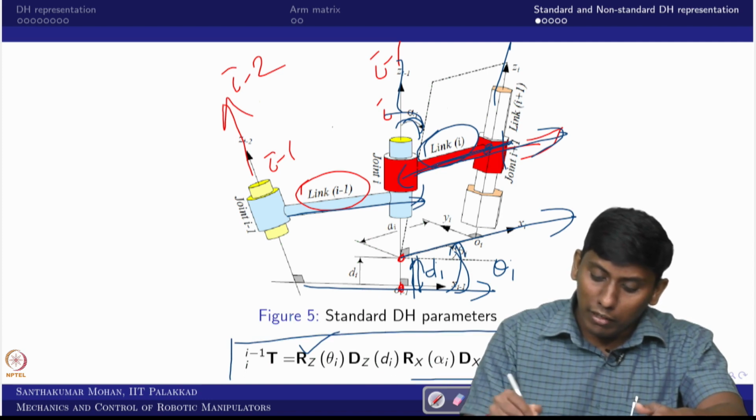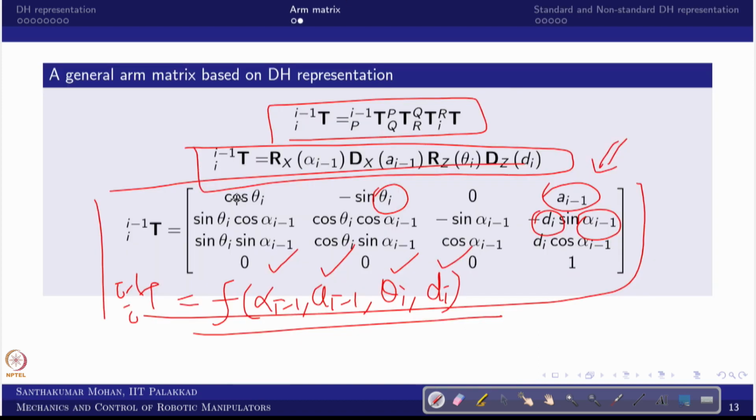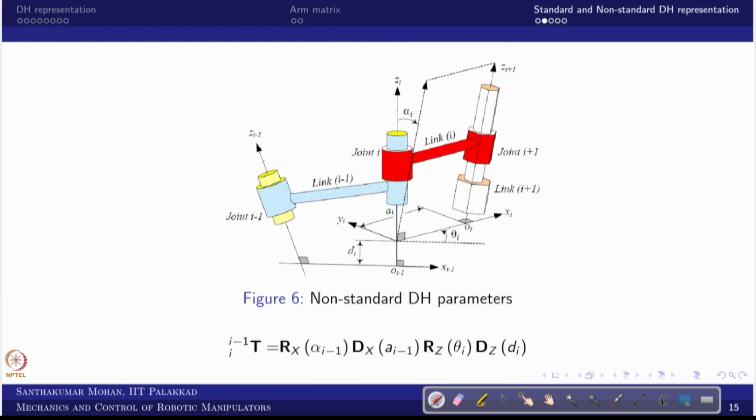You will get a different form, but one benefit is that it gives the information of the next joint, that is alpha and a. So everything would be a_i, alpha_i, d_i and theta_i. But what we did previously is a mix of i minus 1 and i, so that is why we call this the non-standard form.